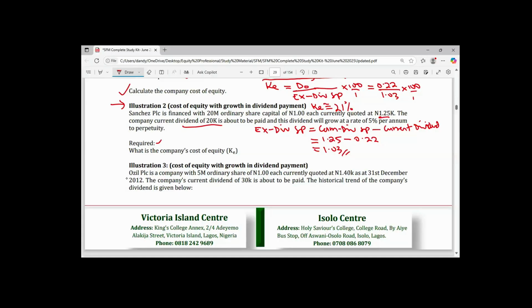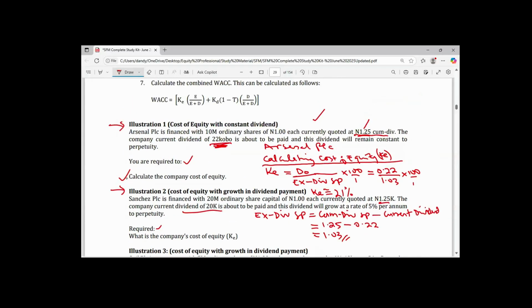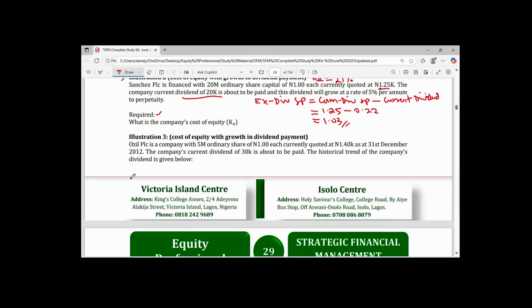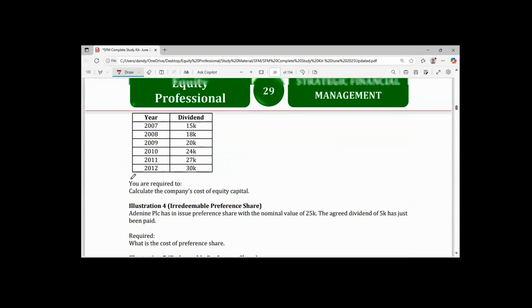Now, this one is similar to the first one that we solved, but however, you are told that dividend will grow at a rate of 5% per annum. So there's a growth rate given to us. In that case, we cannot use the same formula we used in the first one. We have to change it. We have to include growth. So let me look for a space. I've found one here.